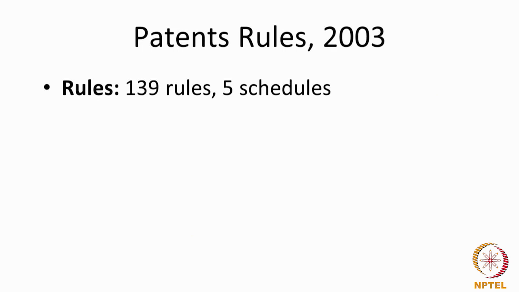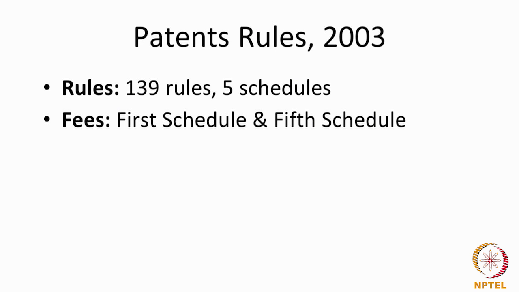The Patents Act also has one schedule, but that one schedule refers to the amendments to the Indian Patents and Designs Act 1911. It's a schedule to the Patents Act that refers to the repeal and savings provision. So that's not something to worry about. It pertains to amendments to the Indian Patents and Designs Act 1911. The Patent Rules 2003 comprises 139 rules and 5 schedules.